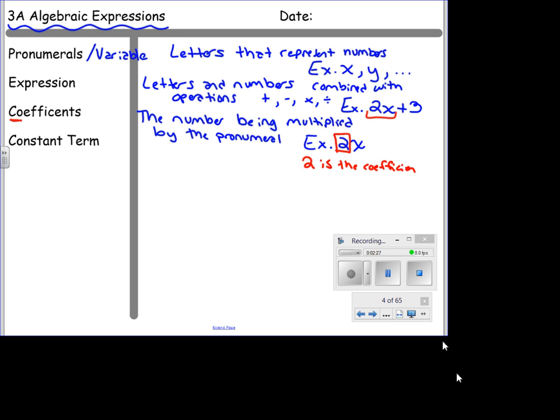And last but not least, if you are talking about a constant term, the constant term is the number that's added or subtracted, and it's not multiplied by a pronumeral. So for example, back here, it would have been the 3. It's the number that is not going to change by being multiplied to a pronumeral. So the constant term is a number.